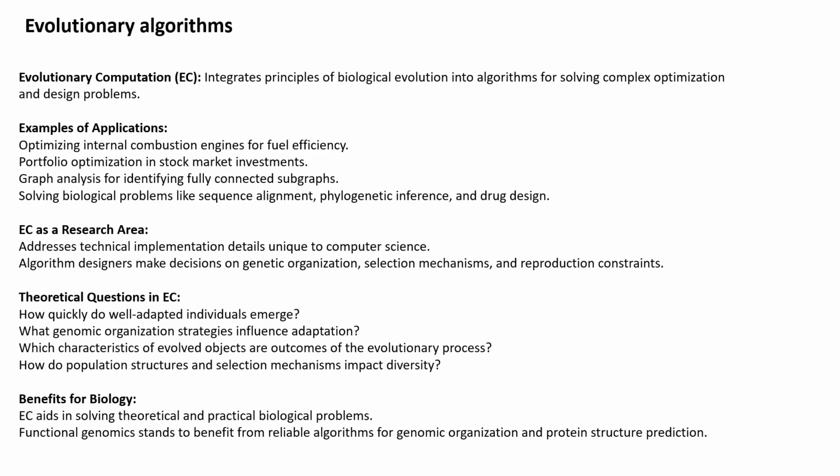Examples of applications include optimizing internal combustion engines for fuel efficiency, or graph analysis for identifying fully connected subgraphs. We talked in the earlier sessions about modularity and community detection. Those are also complex optimization problems where you have to conform to a lot of constraints. So these evolutionary algorithms are used there, and also primarily in solving biological problems like sequence alignment, phylogenetic inference, and drug design.